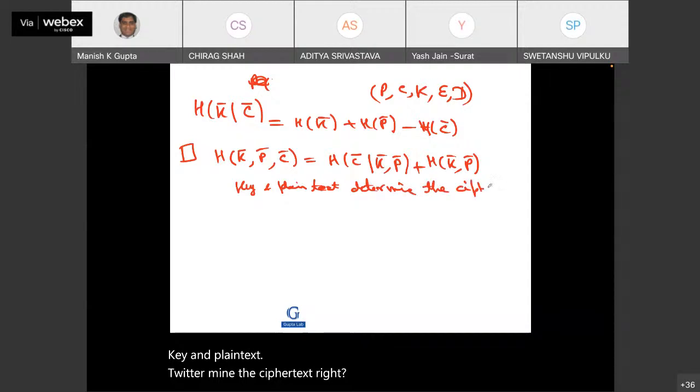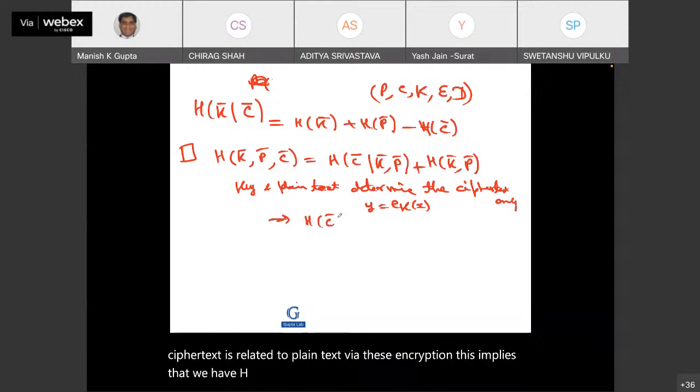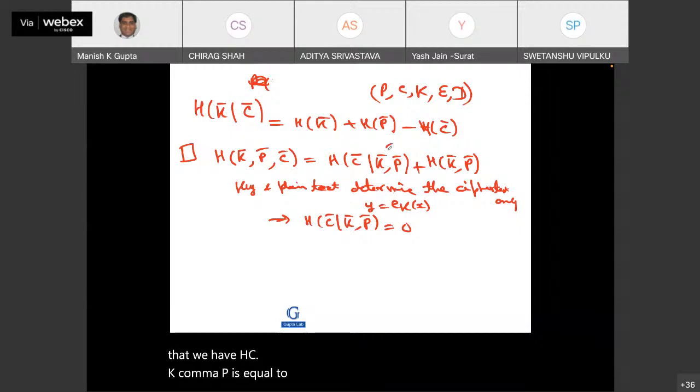That means we have this condition here only. Why? Because y is equal to e_k(x). Cipher text is related to plain text via the encryption. This implies that we have H(C|K,P) is equal to 0. So this quantity will become 0 here.